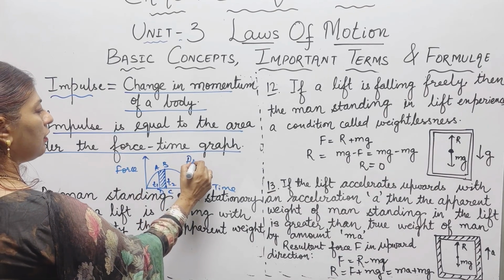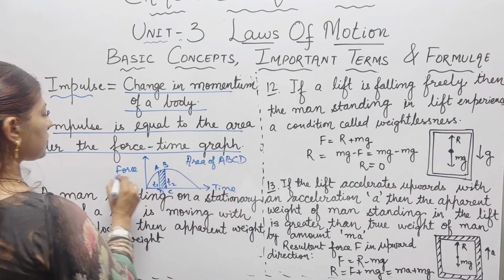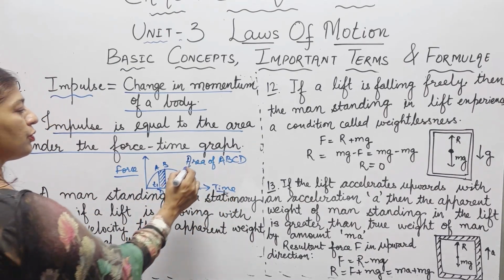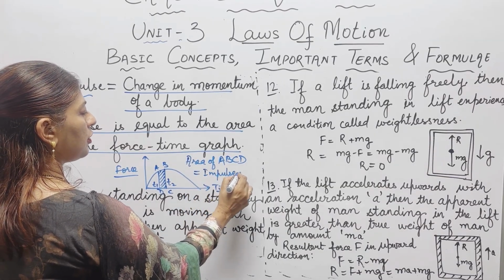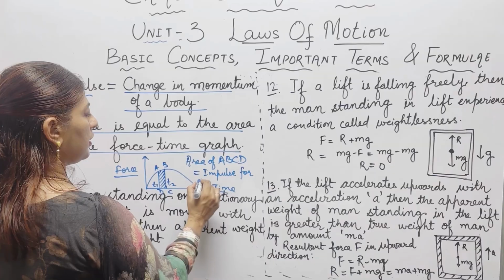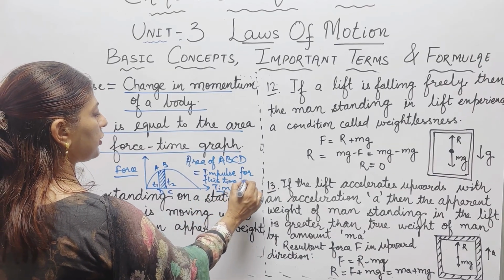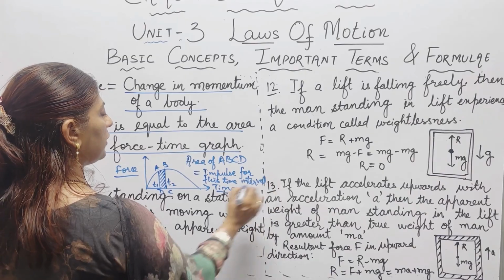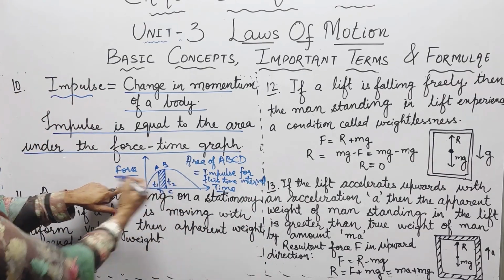So the area of a, b, c, d on this force-time graph will be equal to the impulse for this time interval, which is t2 minus t1. So the impulse is equal to the area of this strip.